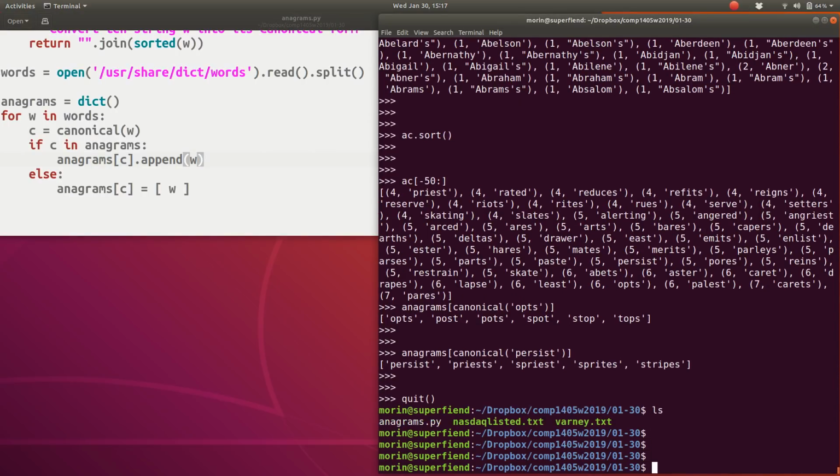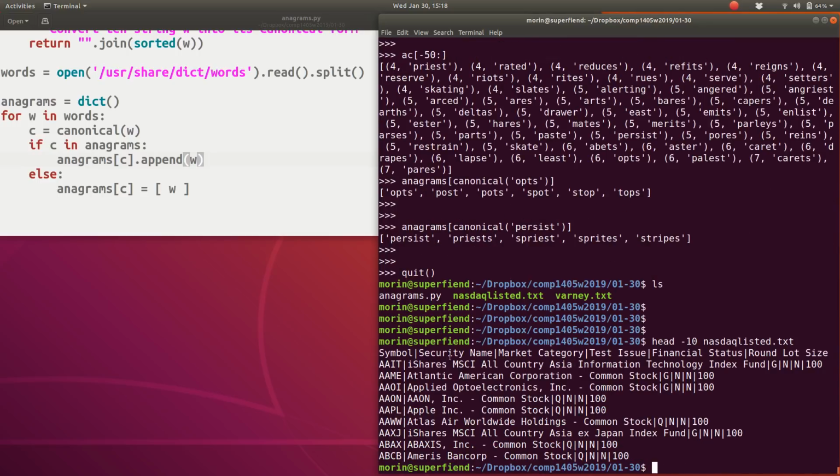Well, what I've seen here, I've happened to have already downloaded a couple of files. One of them is called NASDAQ listed.txt, and let's look at the first 10 lines of it. So it's a list of companies, publicly traded companies, in a CSV format. And if we look at it, we'll realize, yeah, it looks like there's one line per company.